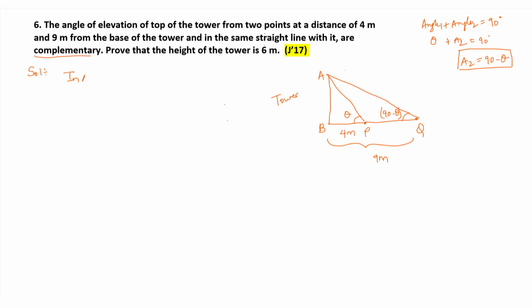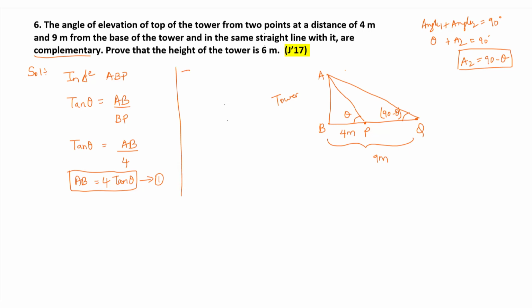In triangle ABP, tan theta is equal to opposite by adjacent. What is opposite here? The opposite is AB and adjacent is BP. Therefore, tan theta is equal to AB by 4. Then AB is equal to 4 tan theta. So this is our equation 1.